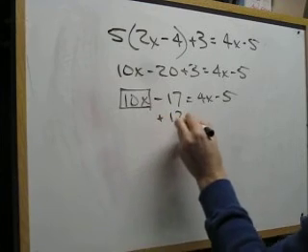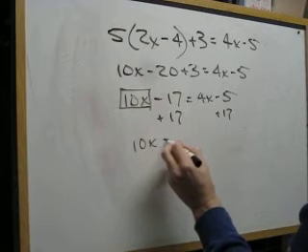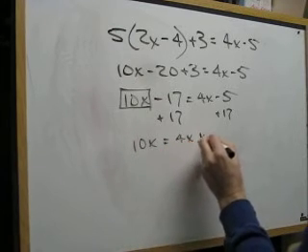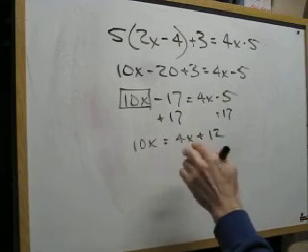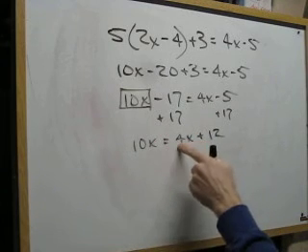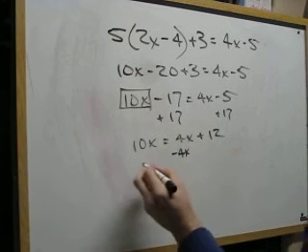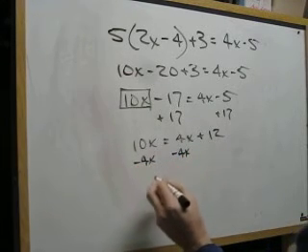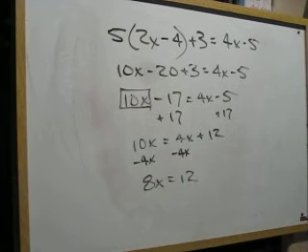So I add 17 to both sides. So I get 10x equals 4x plus 12. Now, again, the sign here in front of my 4 is a positive sign, so to get rid of it, so I can get my 12 by itself, I do that to both sides. And I get 8x equals 12.